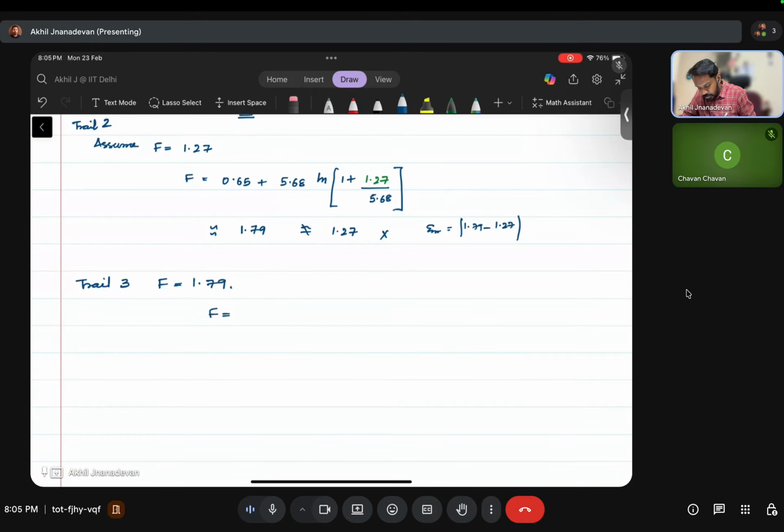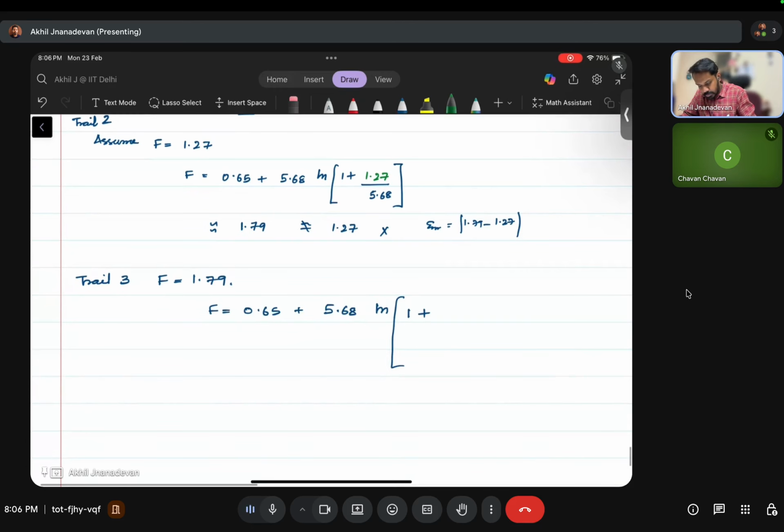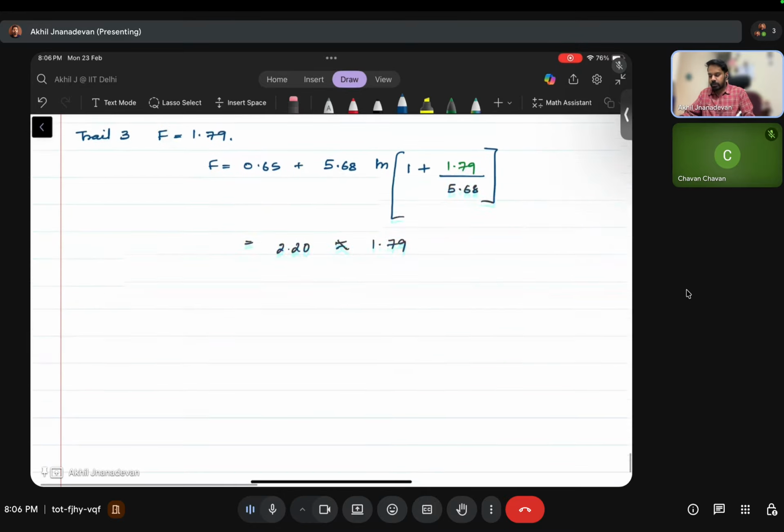Then F will be equal to 0.65 plus 5.68 ln(1 plus, here we will be substituting 1.79 divided by 5.68). If you solve it, it will be coming around 2.2, still not equal to 1.79. So error has further reduced.